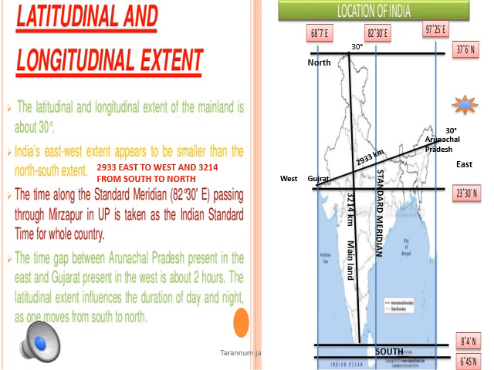Because we are following the time of the standard meridian, which is passing through Mirzapur in UP, taken as the Indian Standard Meridian time. We always follow the time which is on 82 degree 30 minutes.